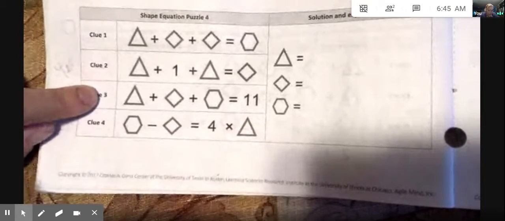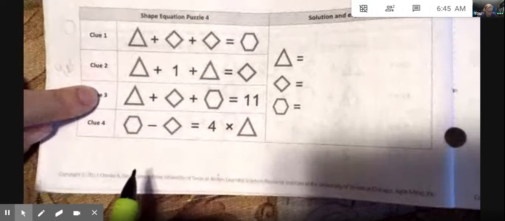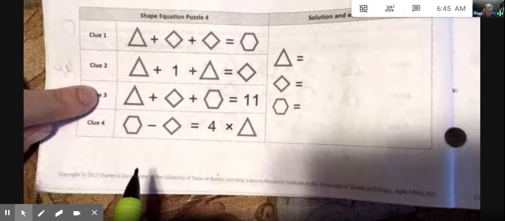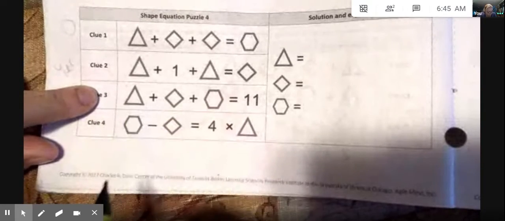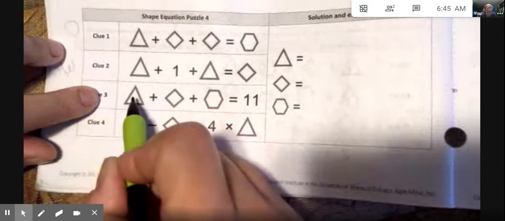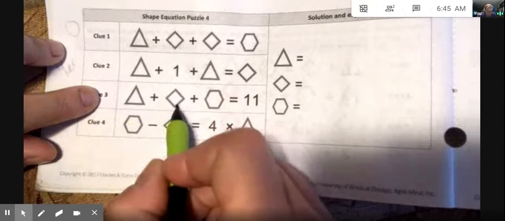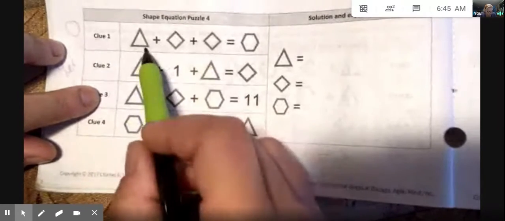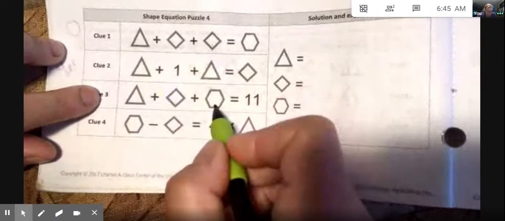I think we're going to have to play around with a lot of numbers here. All right, we know that 2 of these is going to have to be added to that to get that. So we know that this is going to be a higher number.